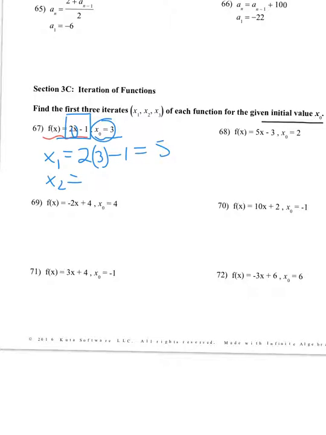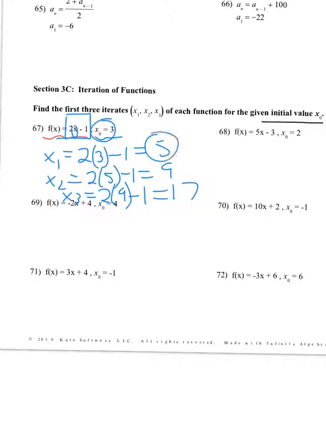So I'm going to plug in 5 now, and I'm going to go 2 times 5 and subtract 1. Well, that's 10 minus 1, which is 9. And then to find x3, I'm now going to plug in 9 into my function. 2 times 9 minus 1, so 18 minus 1 is 17.